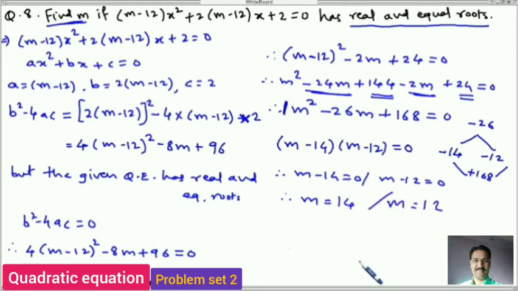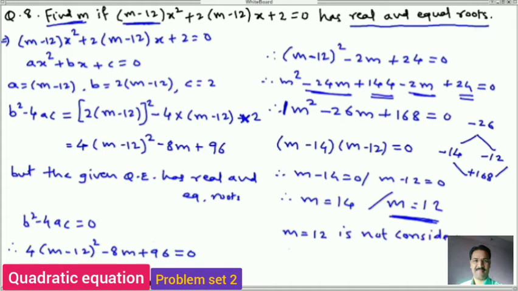But just try to observe here. If we take m is equal to 12 and put the value here, then this term becomes 0. If this term is 0, then this is not a quadratic equation. Hence, m is equal to 12 is not considerable.